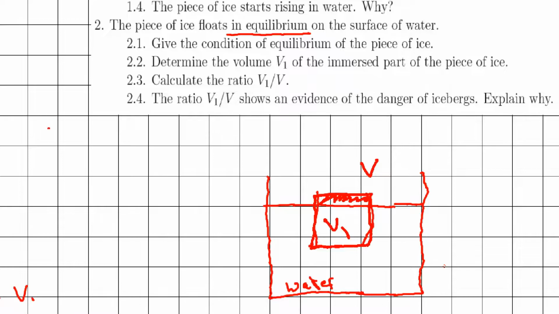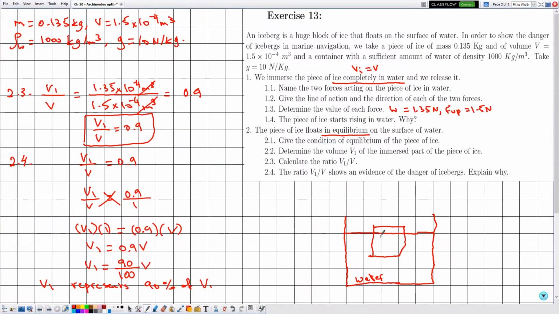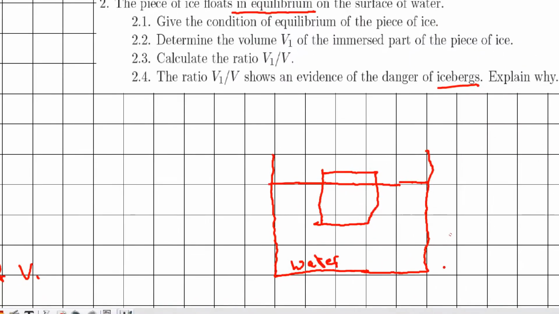Here what we are saying is that V1 represents 90% of V, which means that the majority of the volume is found inside the water. So for this reason, icebergs are considered a danger, because the majority of the volume is found inside the water, which is given by 90%.